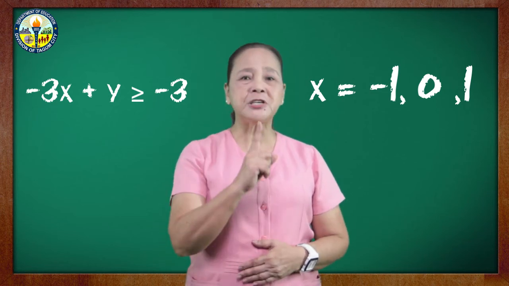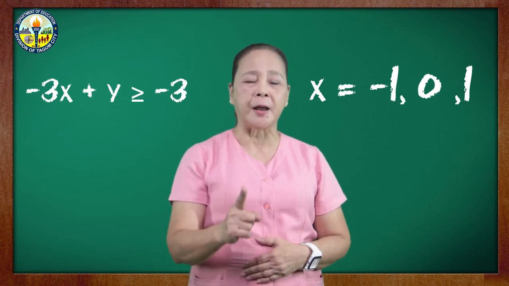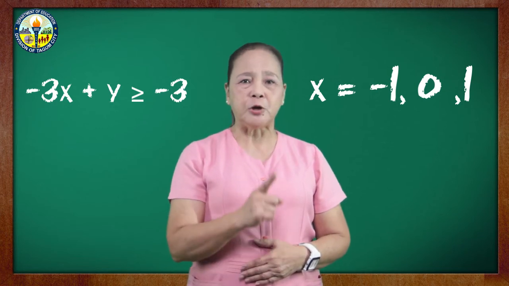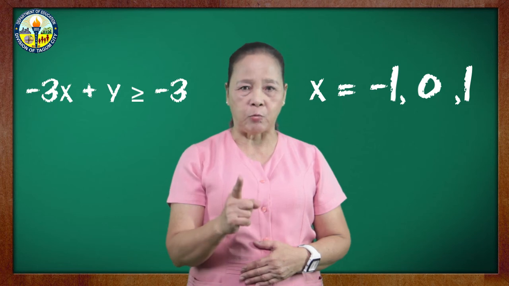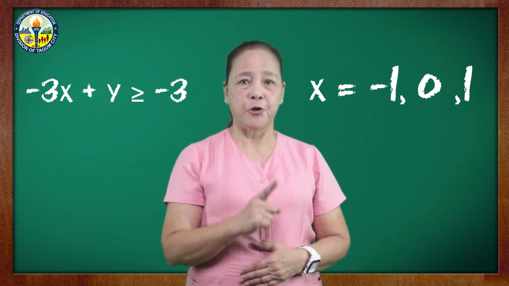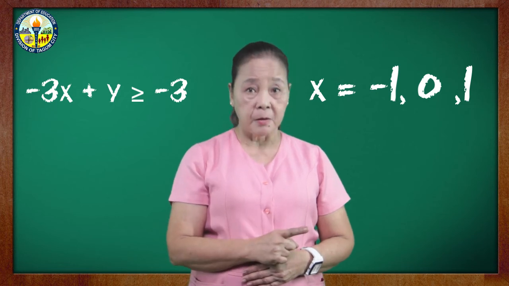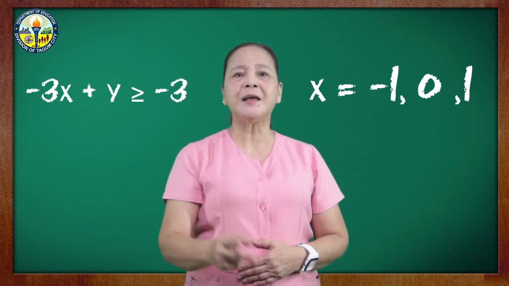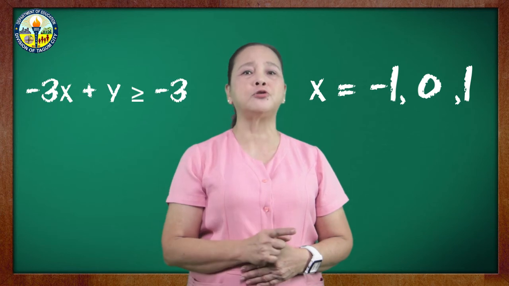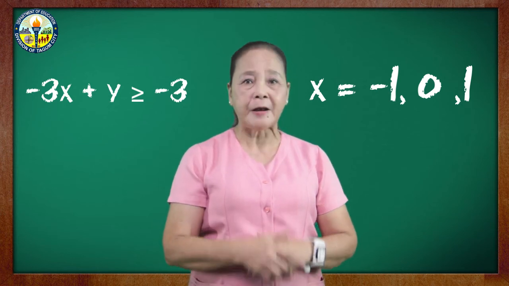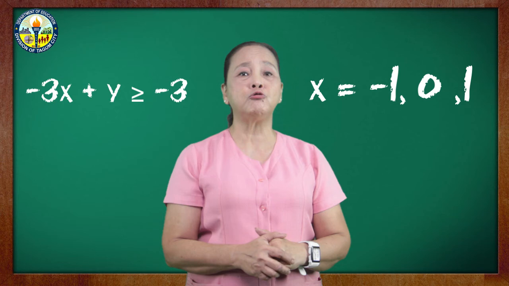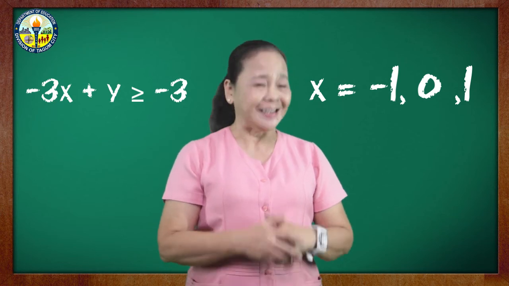Second, establish the table of values for x and y using the values 1, 0, and negative 1 for x. Third, plot the points on the Cartesian plane. Fourth, decide whether the border is a dashed or solid line. And fifth, shade the solution using the test point 0, 0.